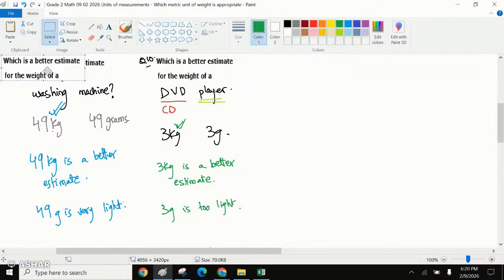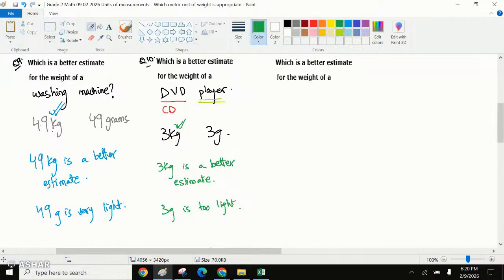But if I would change the question and say, which is a better estimate for a CD, that is like just a CD, then still I had the same options. That was 3 kilogram and 3 grams. CD is something that stores memory, right? Like a hard disk on your laptop, hard disk in your phone, right? So it has to be very lightweight. In question number 10, it was a player which plays like the DJ box. But have you seen they have a round disc that they used to scratch?